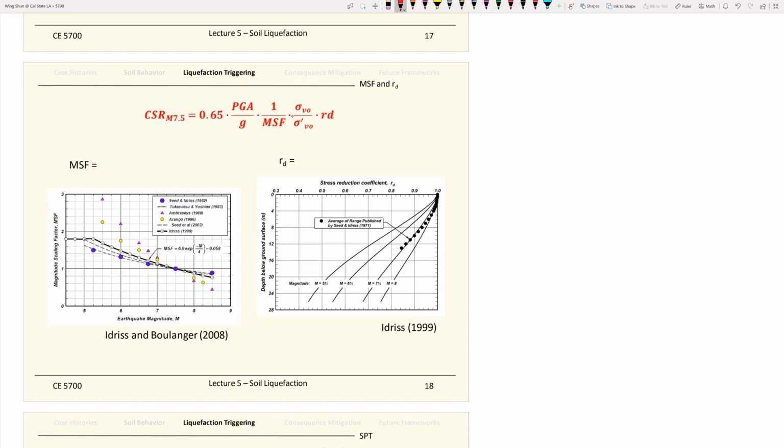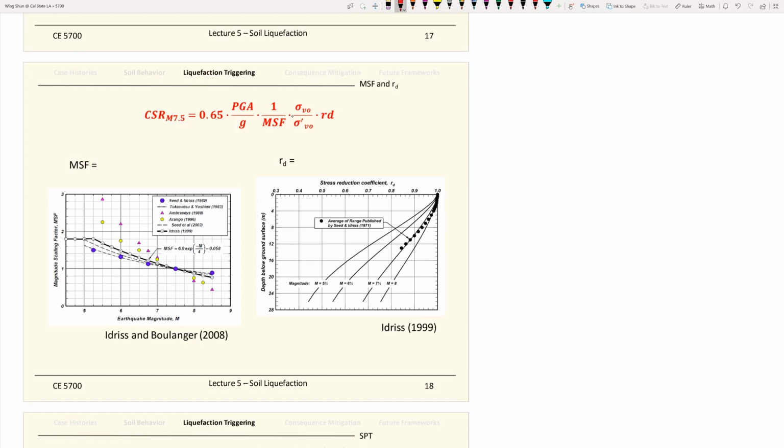And then around this intensity measure, we try to correct for the different design scenarios that you may have. So you come up with a bunch of different parameters.